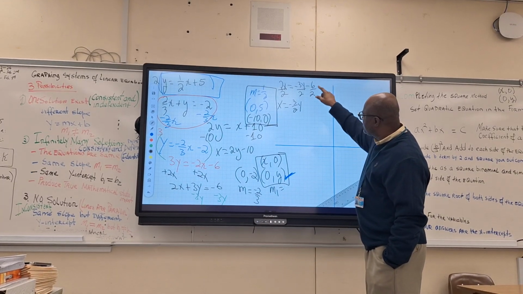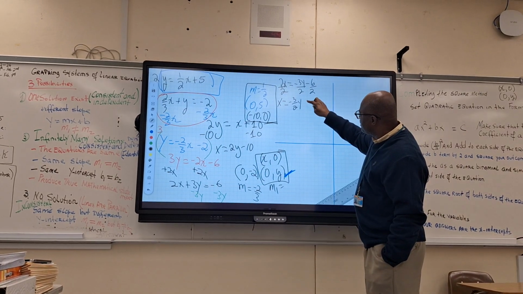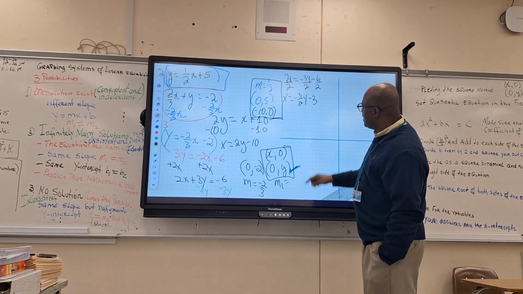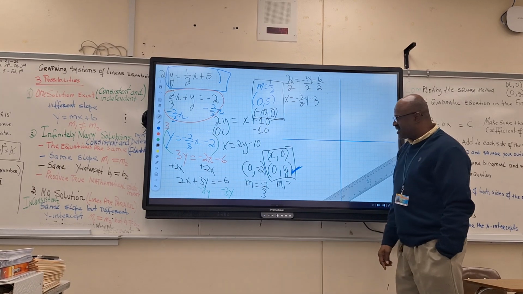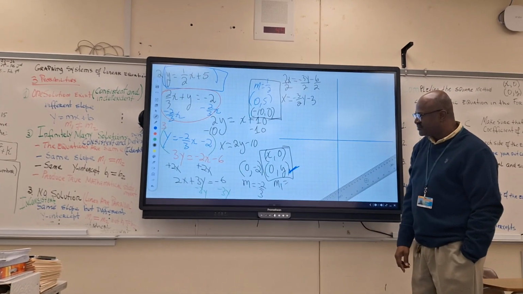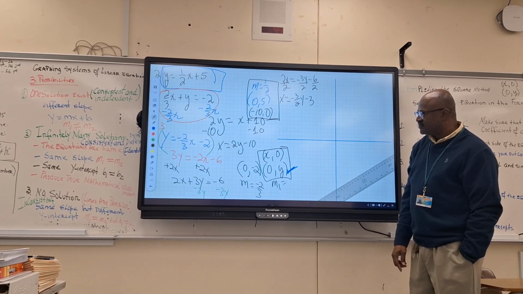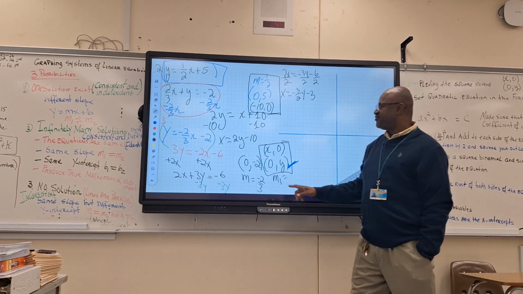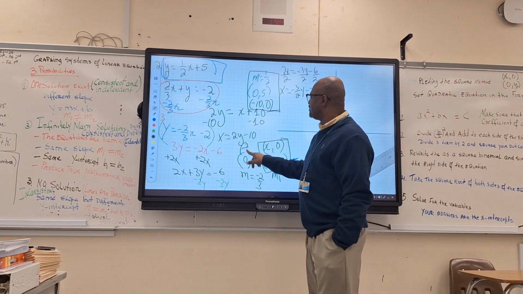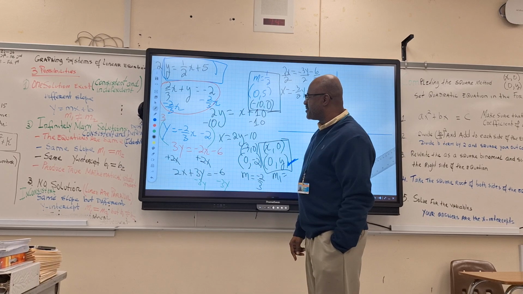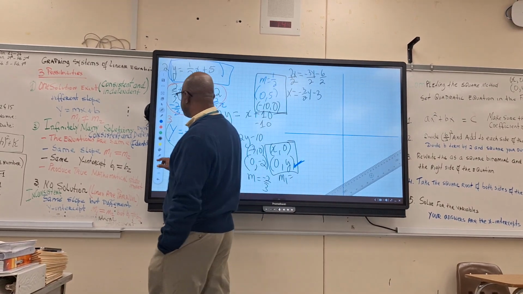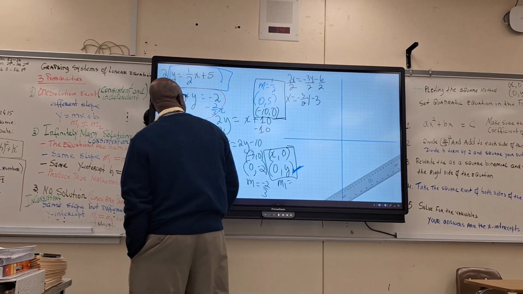Negative 6 over 2, negative 3. Then that is your x-intercept. How will you write it as an ordered pair? (Negative 3, 0). Good for you. Now we are ready to plot those points and find each line.